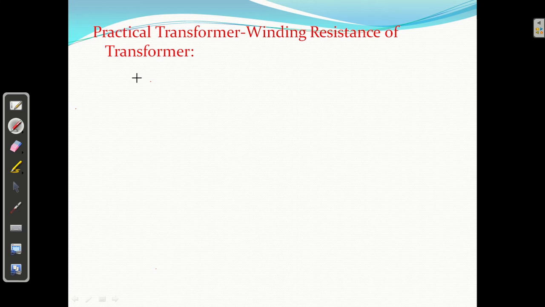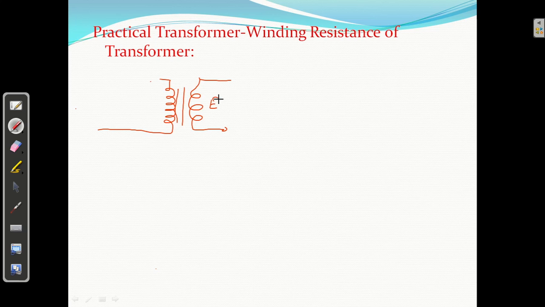So we have one transformer like this. This is the primary winding, and this is the secondary winding. I'm assuming it is a step down transformer. Primary has more turns, secondary has fewer turns. So it is a step down transformer.